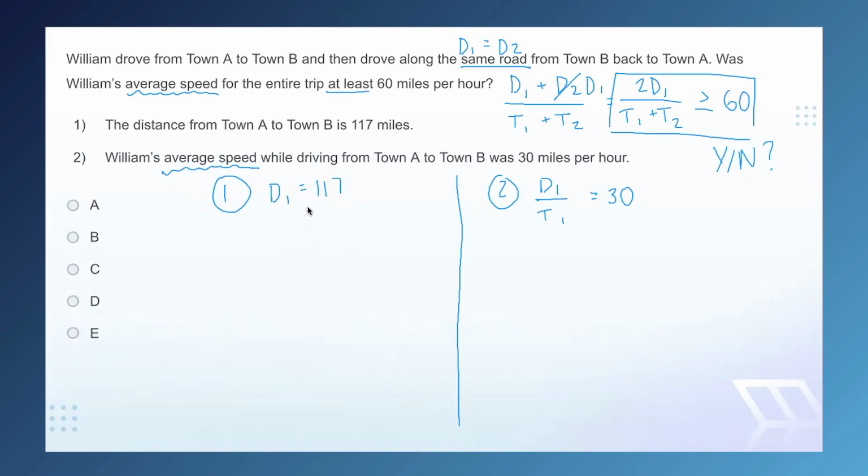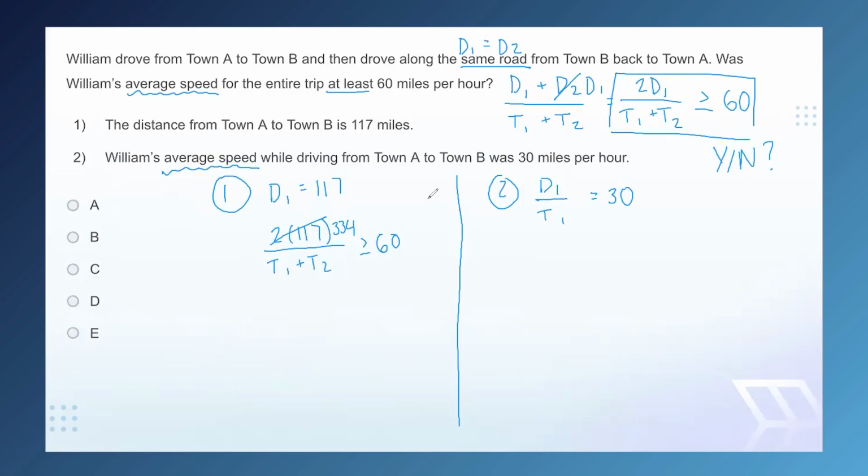All right, looking at statement 1 alone, let's go ahead and plug 117 in for D1 in our inequality. So that's going to give me 2 times 117 over T1 plus T2 is greater than or equal to 60. Or multiplying that out, 334 over T1 plus T2 is greater than or equal to 60.